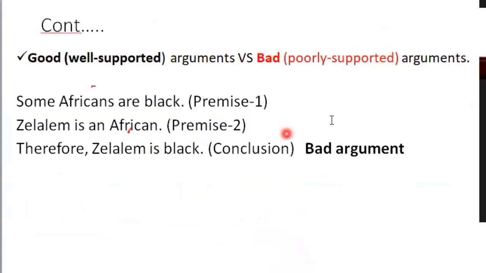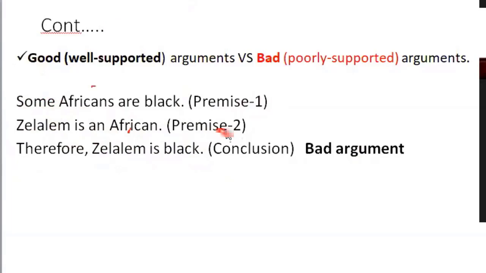On the other hand, look at the poorly supported argument. Some Africans are black. This is the first premise. The second premise is Zelalem is an African. Therefore, Zelalem is black, the conclusion. Of course, here is the word some. Some Africans are black. Unfortunately, Zelalem may belong among the some Africans.